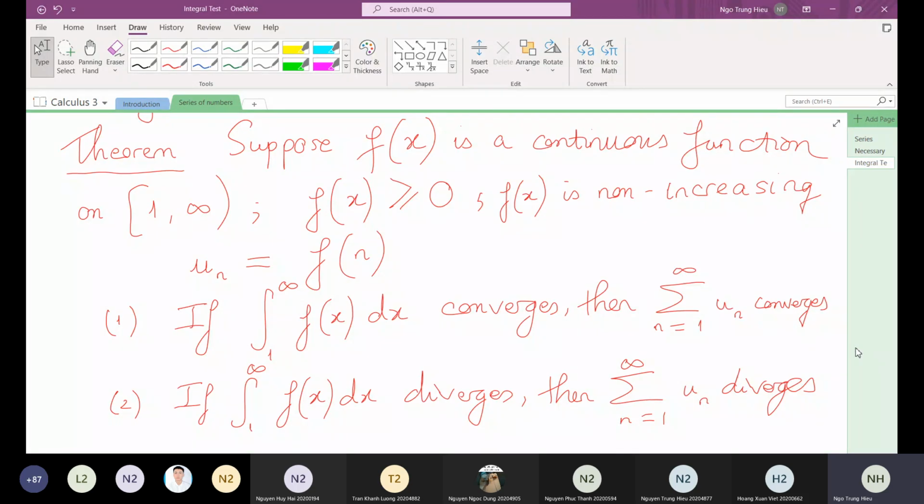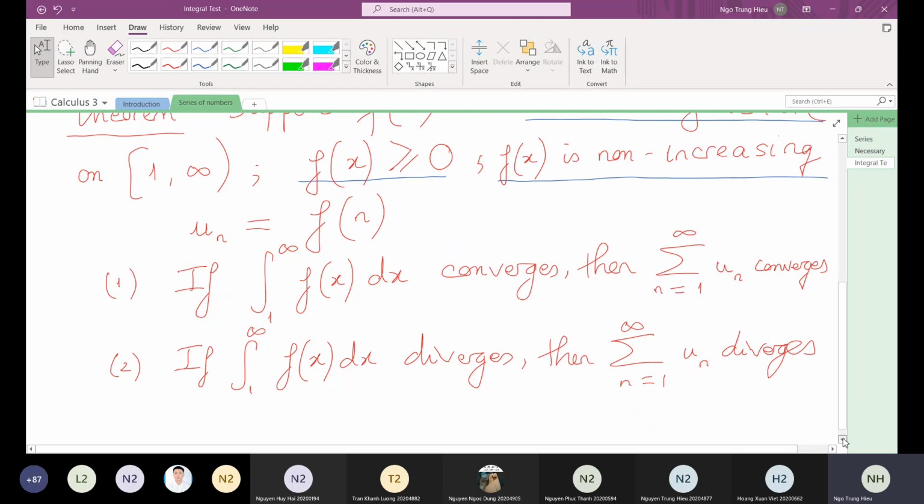So remember that the function has to satisfy the conditions of the theorem: f is a continuous function, f of x is at least 0, and f of x is non-increasing. If you want to use the theorem, you have to verify these conditions. So this theorem is actually very useful in many cases.